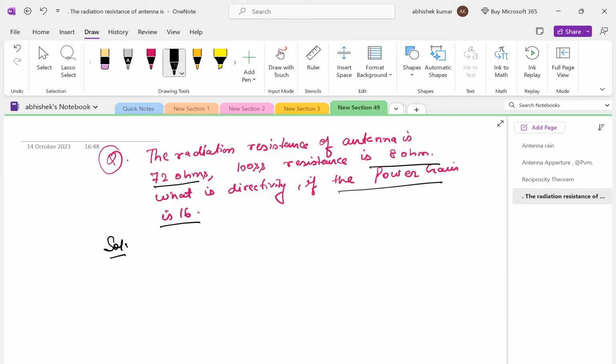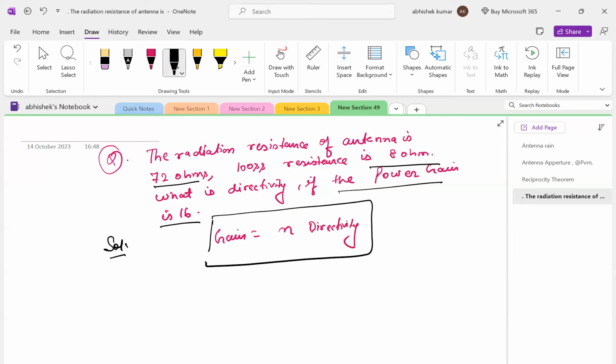First of all, I am giving some formulas here. Gain is equal to efficiency into directivity. Gain of antenna is equal to efficiency into directivity of antenna. So we can write efficiency is defined as gain by directivity.